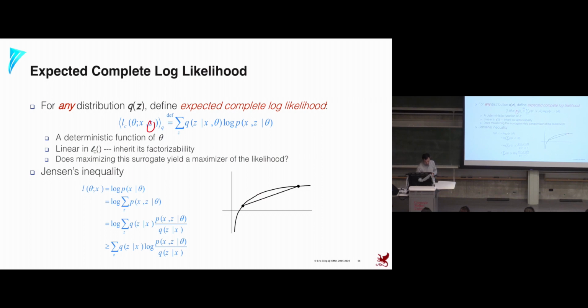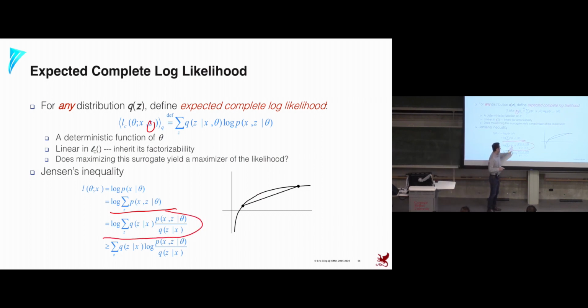Okay. And it turns out that there is this beautiful relationship due to Jensen's inequality. So we start from the log of the incomplete likelihood, the marginal probability of the data. And up to here, it is an expansion of the marginalization. And up to here, it's a pure rewriting of the equation.